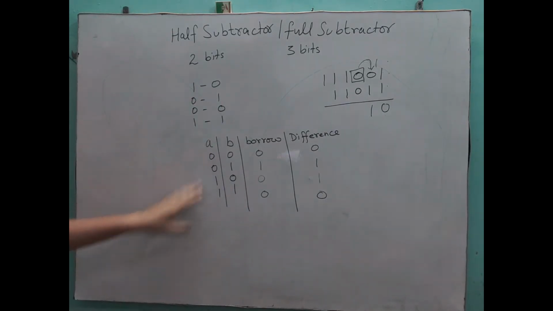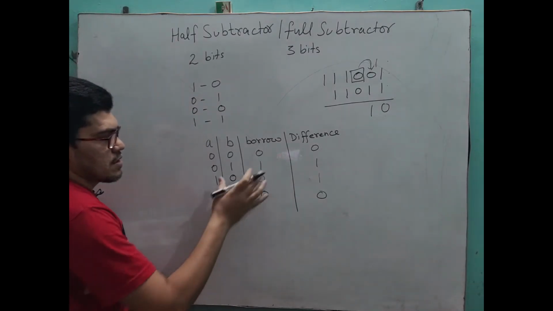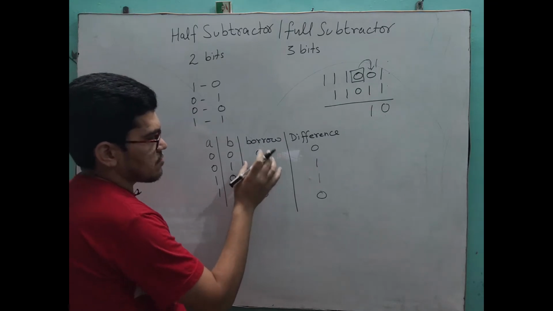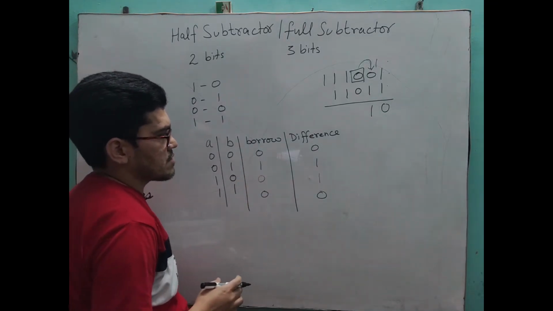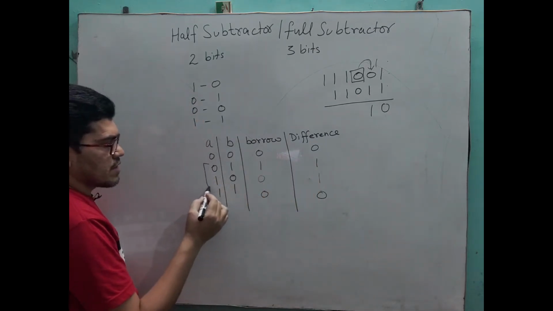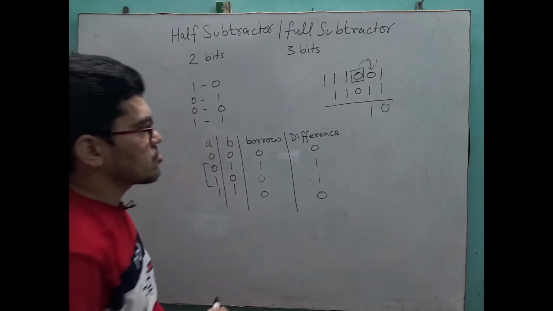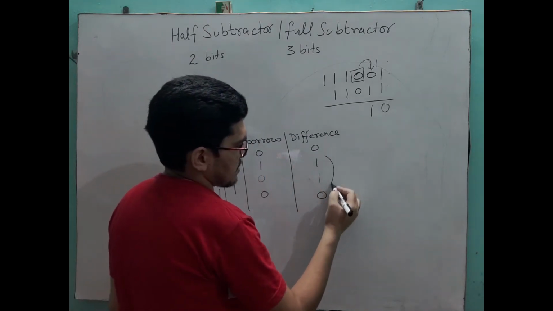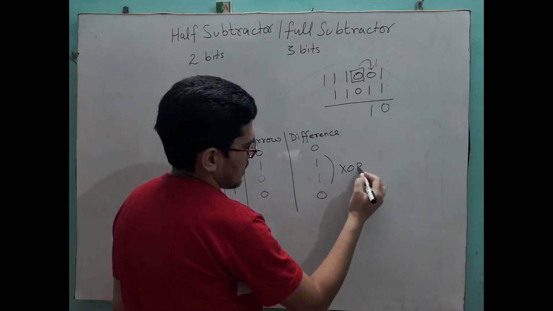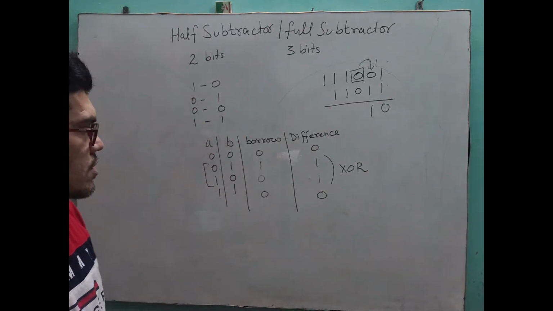Okay students, so now let me make the expression for borrow and difference. For difference, you can see, when the inputs are different, the difference is 1. So for difference we can use the XOR gate.